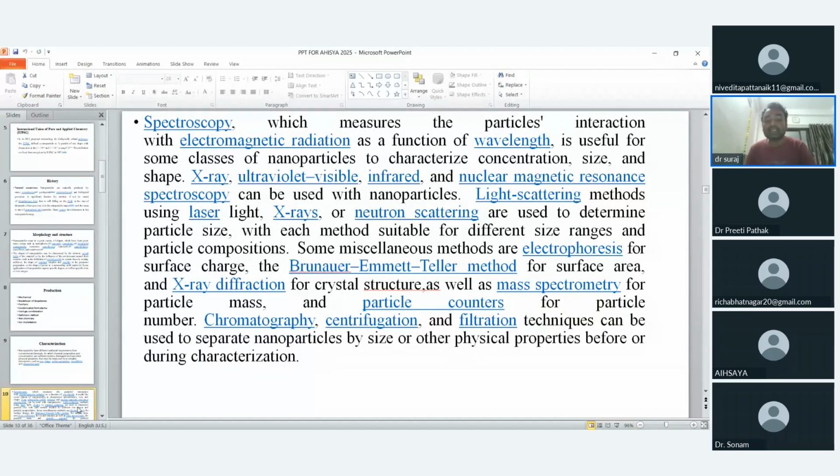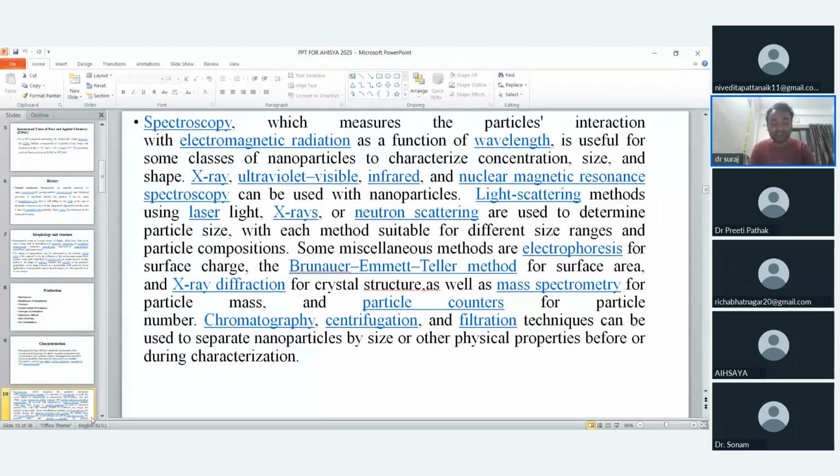Another one, which is not written in this slide but is again very important, is the electron microscope. It has two different types, SEM and TEM: scanning electron microscope and transmission electron microscope. This electron microscope also indicates the surface property, surface morphology, and the structure and pattern of arrangement of nanoparticles.